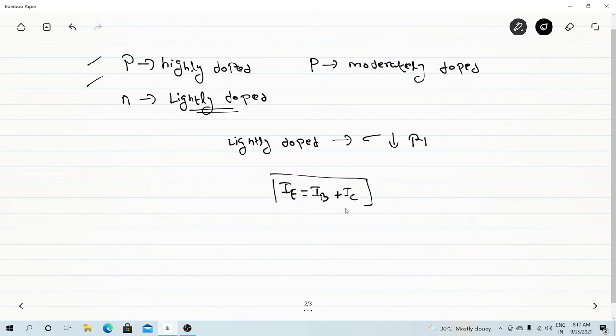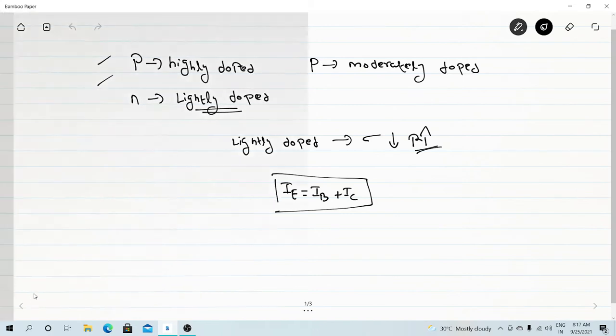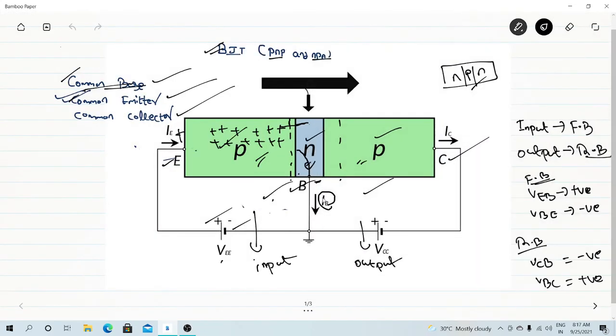This IB is very less, because due to high resistance very few holes can pass, so the base current will be very small.